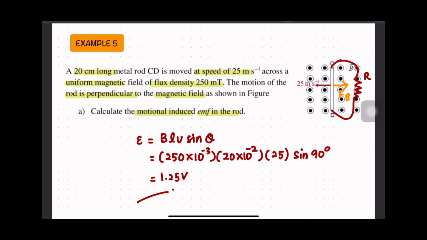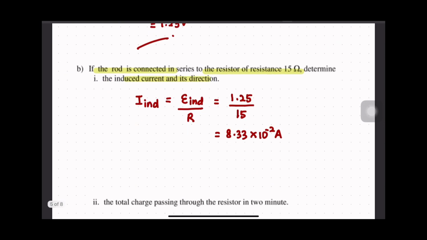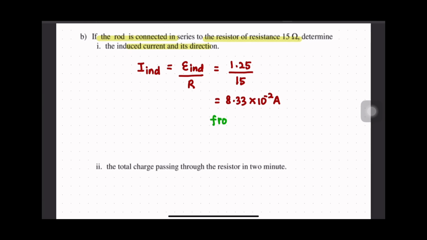F is to the right, and B is out of the page, and then the current is from D to C. Can you see the current goes upwards? Okay, the current is D to C. Use letters, easier. There are letters here, right? So with the left hand, F to the right, B out of the page, and then I upwards. So D to C.